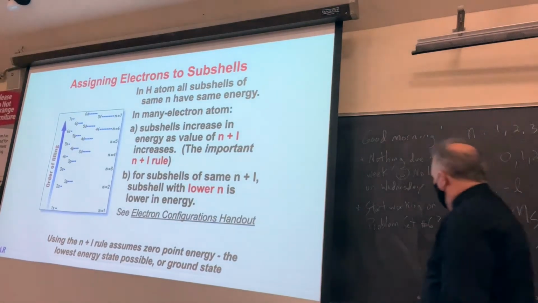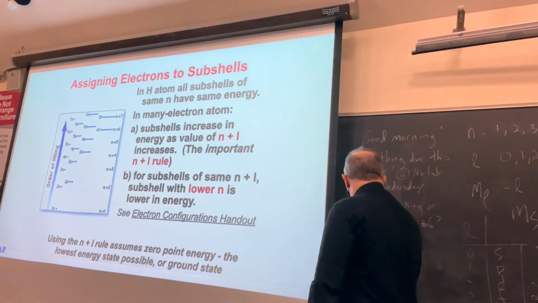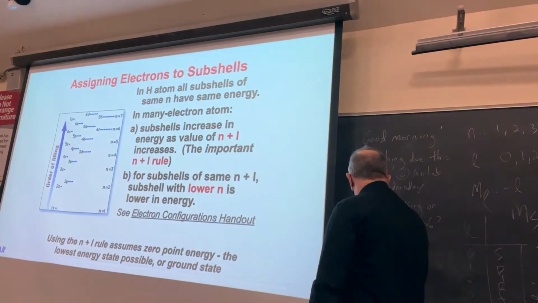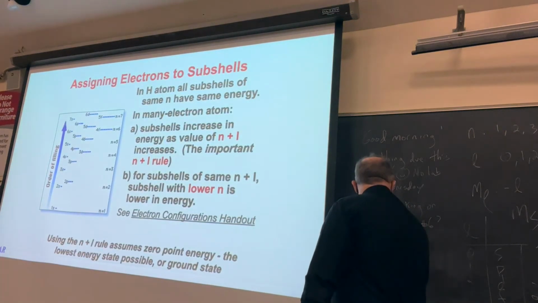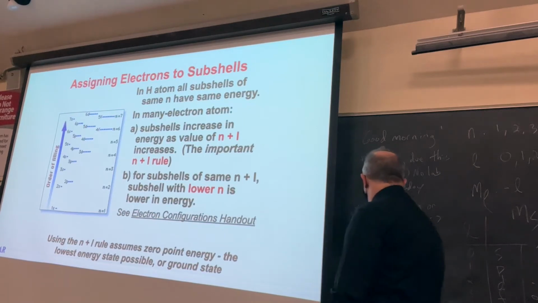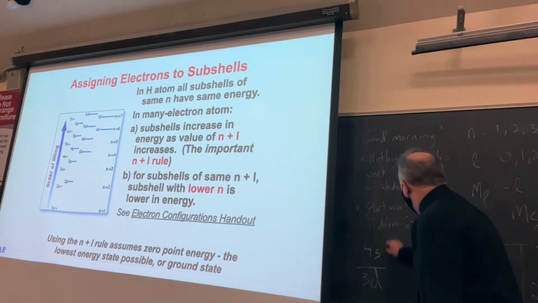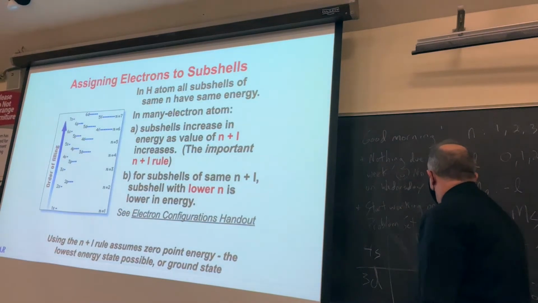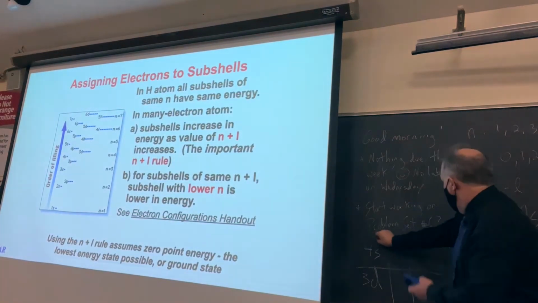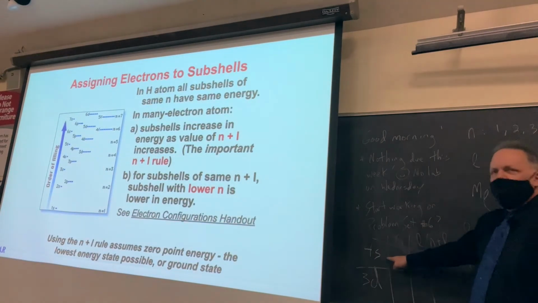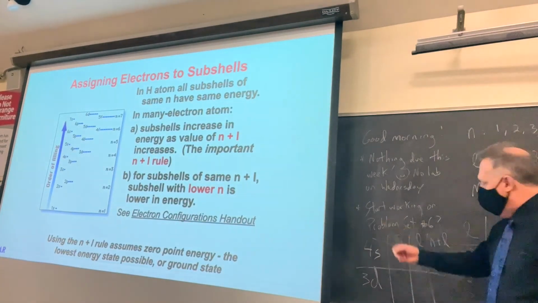Now, something strange happens when you get to certain quantum numbers. Let's see, what would be a good example of this? Let's look at 4s and 3d, all right? And just like before, N, L, N plus L. For 4s, what is the N value? 4, good.